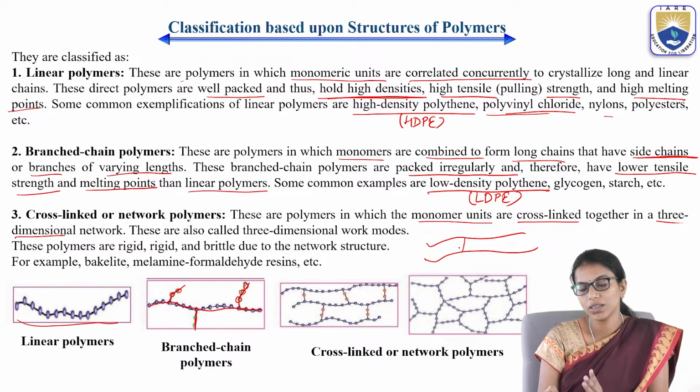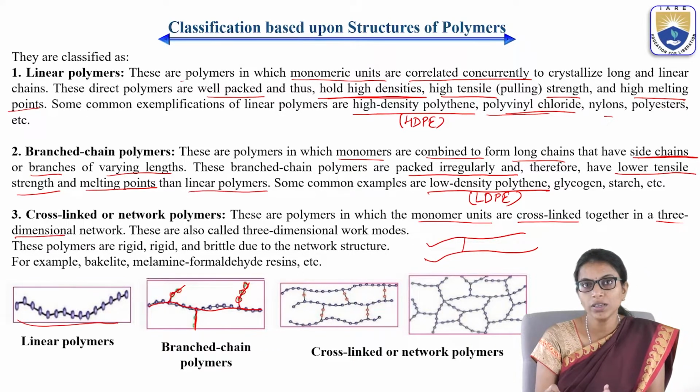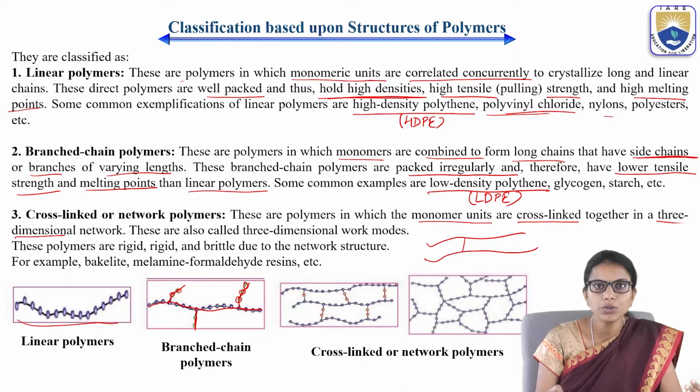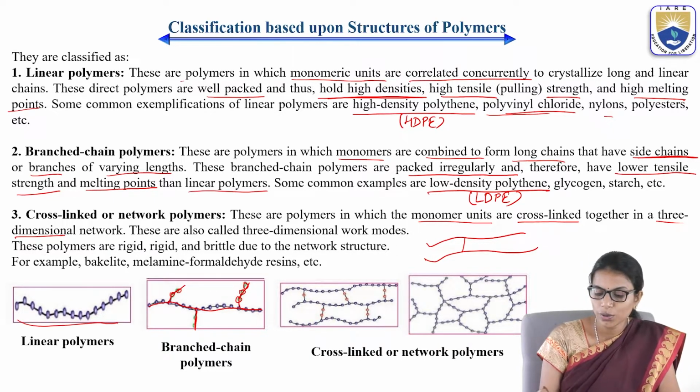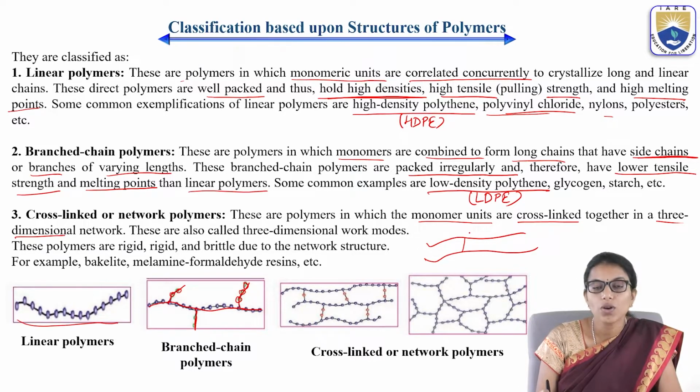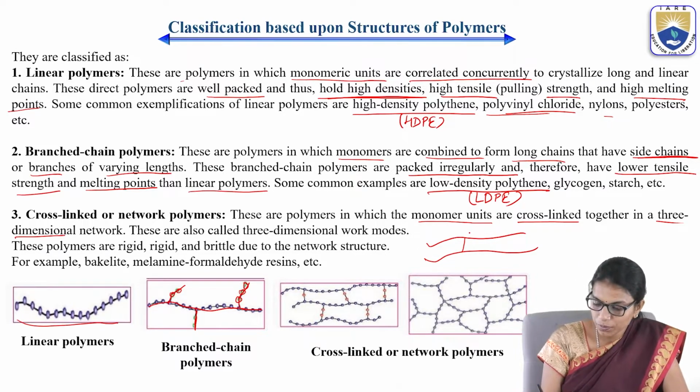And one more thing, if we talk about the cross-link, we have to say that in a cross-linked polymer there will be a functionality of more than two, or equal to two. Functionality means binding sites, as I said earlier. So if the binding sites are more than two, then it comes under the cross-linked or network polymer.